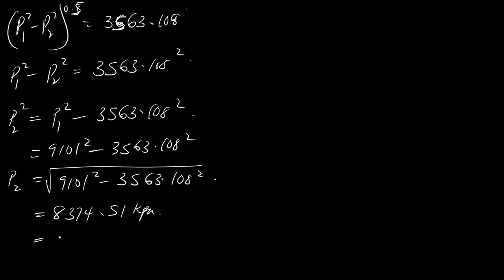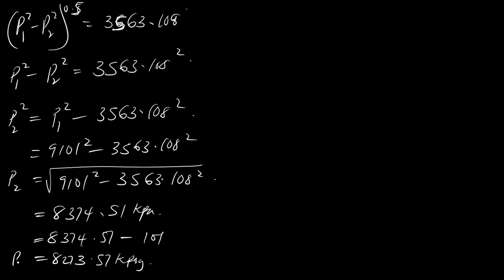The gauge pressure will now be 8374.51 minus 101. So if you minus, this is 8, you minus 1 here, you have 3. This is 7 will still be minus 1 here is 2. So 0.57 kilopascal. This is gauge.